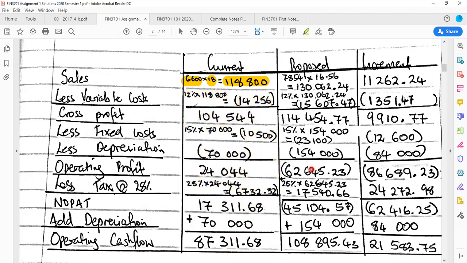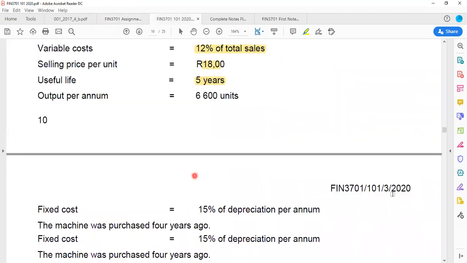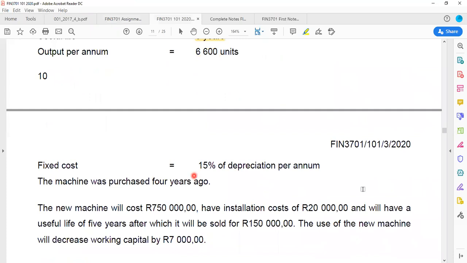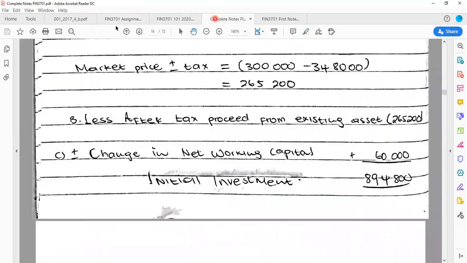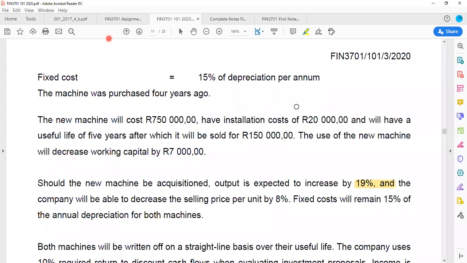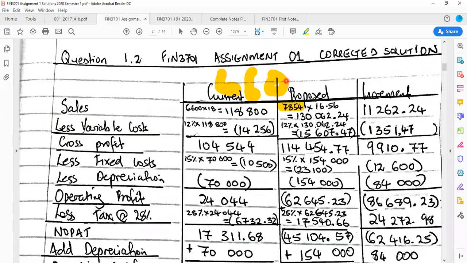We were told that by purchasing the new asset, output is going to increase by 19%. So I increased 6,600 by 19%, and it gave me 7,854. You can say 6,600 multiplied by 1 plus 19% to increase it by 19%.